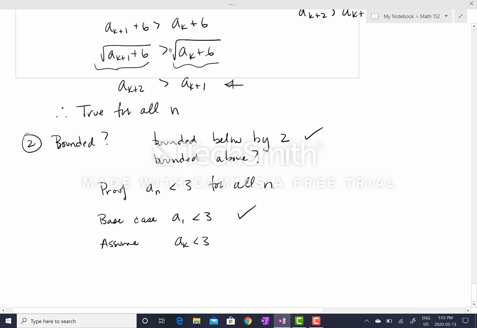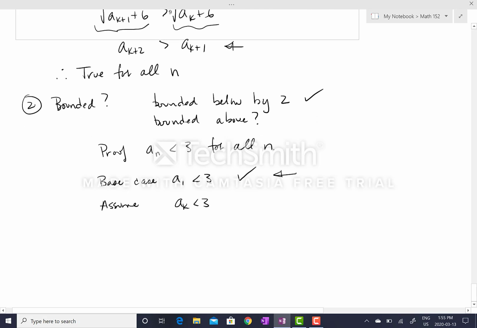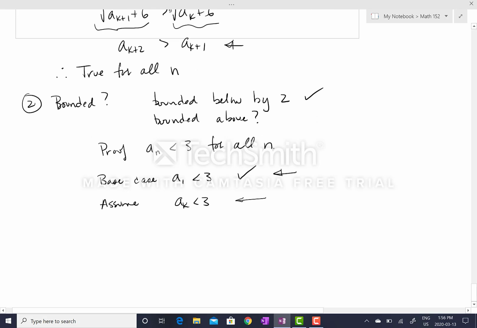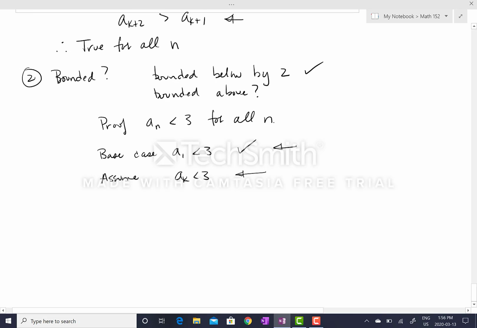So we basically have the ability to teeter the first domino. Now let's see whether teetering the first domino will bonk over the second domino. We're going to assume the kth case, and then do the same thing. I'm going to add 6 to both sides. I'm just using valid algebra. Now I'm going to take the square root on both sides.